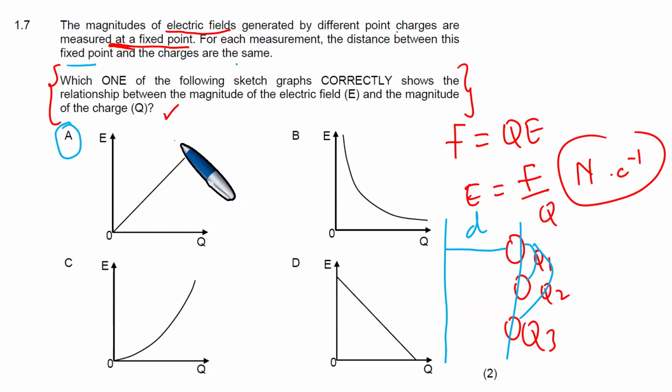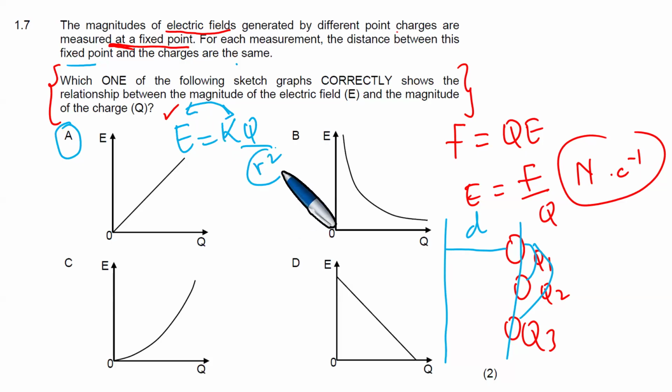Because you know that E equals kQ over r squared. And by dint of this, you're able to actually observe the direct relationship, in view of the distance.